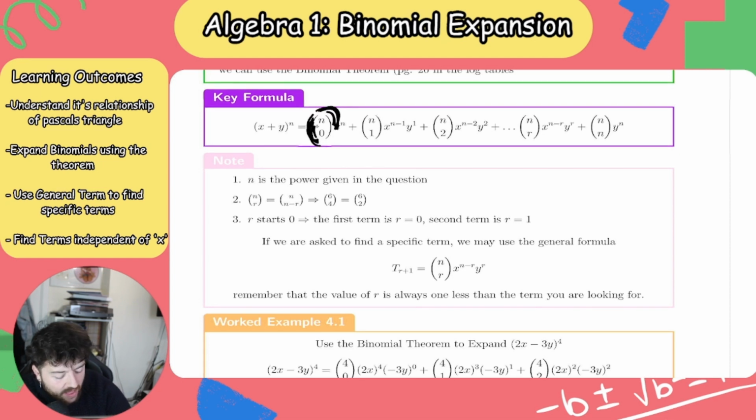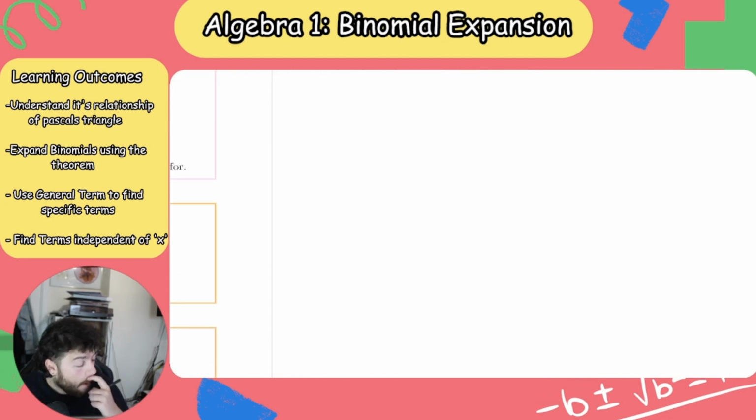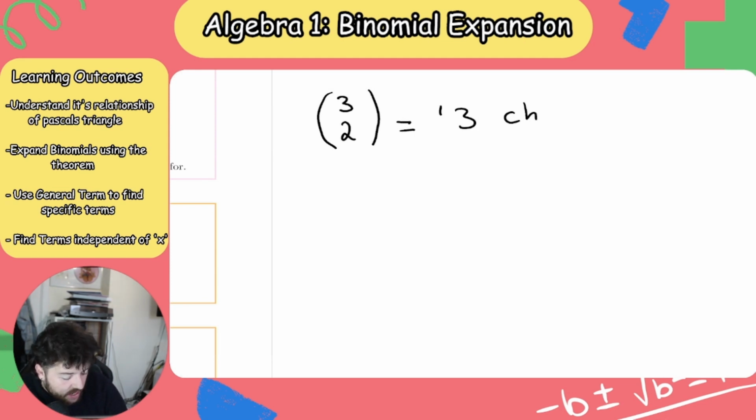Well, this is a new notation. This is called choosing. We won't delve too much into it because it's more of a probability concept. But if I have 3 over 2, this says 3 choose 2.